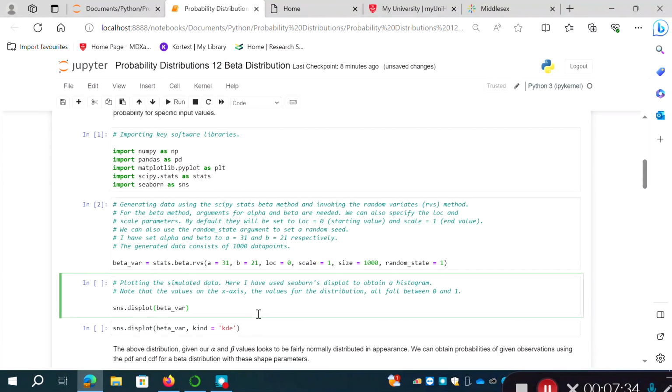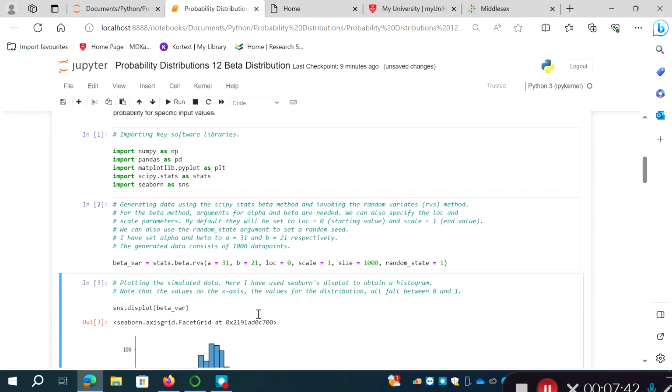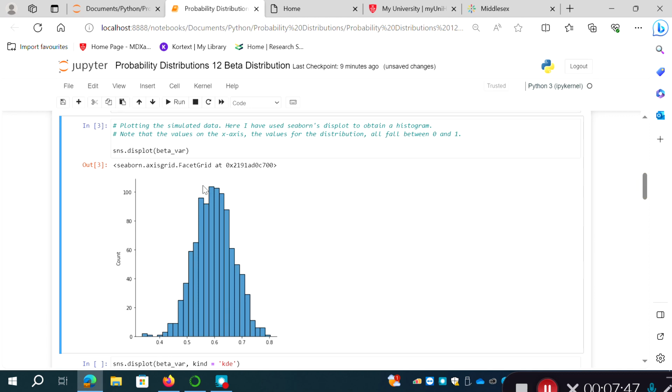So let's plot that. Use Seaborn to plot that distribution. Firstly, let's look at what it looks like. I've just invoked the Seaborn displot method, and it's plotted the data as, remember this is a continuous probability distribution, but it's plotted as a histogram, so it's used its own defaults to choose a bin width that it thinks is most appropriate, and it's plotted it like a discrete probability distribution there.